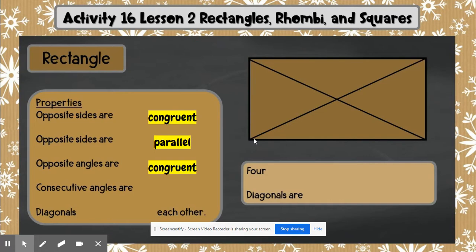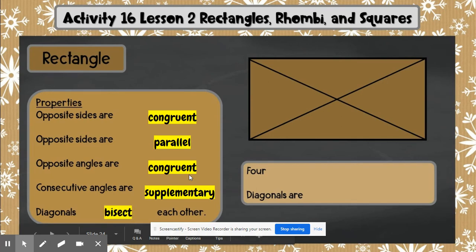Consecutive angles are supplementary. So these consecutive angles, where they share a common side, add up to be 180. And then the last one, diagonals bisect each other.